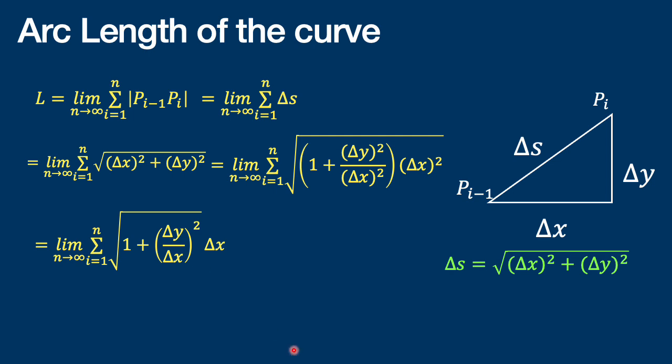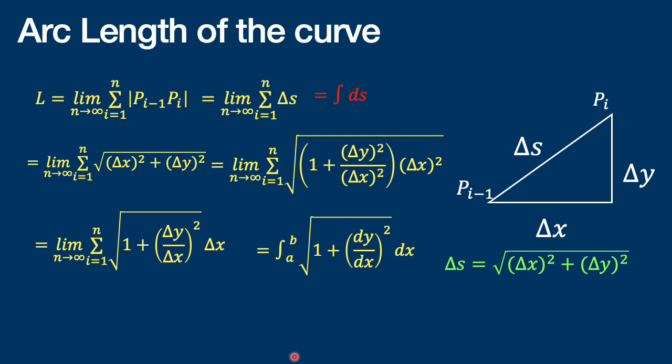Now, this limit of the summation falls into integral form. Now we have the integral from a to b of the square root of 1 plus (dy/dx) squared dx. dy/dx means f prime of x, the first derivative. Also, the limit of the summation of delta s, we write in integral notation as the integral of ds.